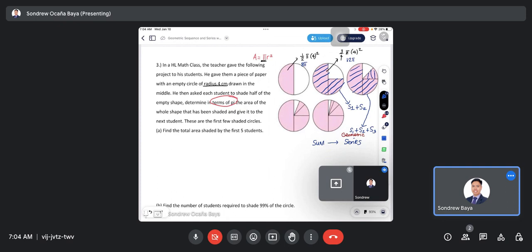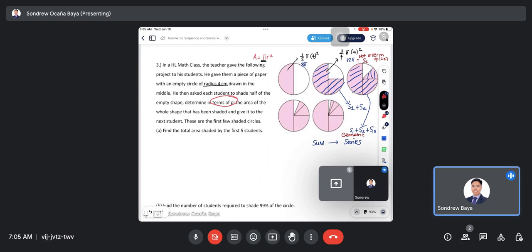Now take note that this is not a term, but rather this is equal to S sub 2, meaning it's equal to the total sum of the two students already. So not u sub 2, but it's equal to S sub 2, meaning geometric series, the sum. So that's very, very important.